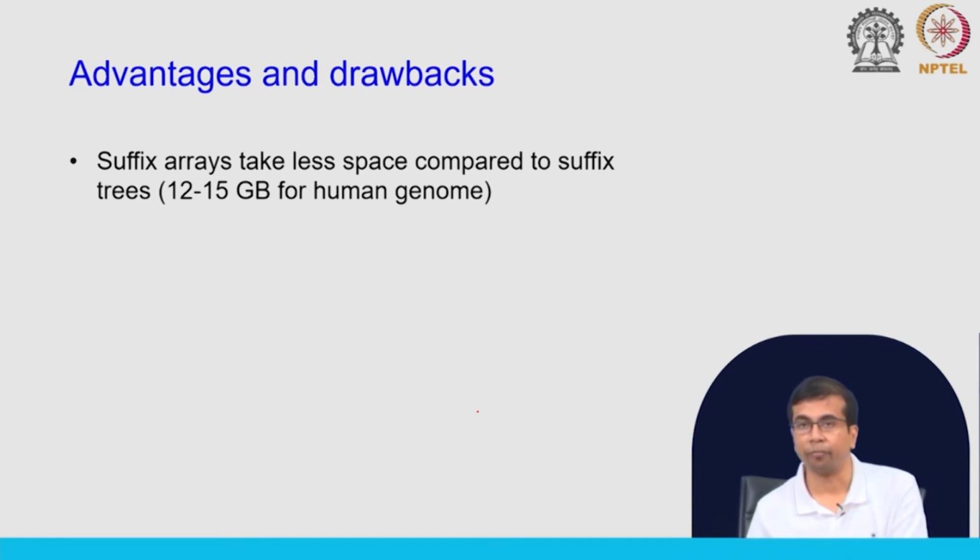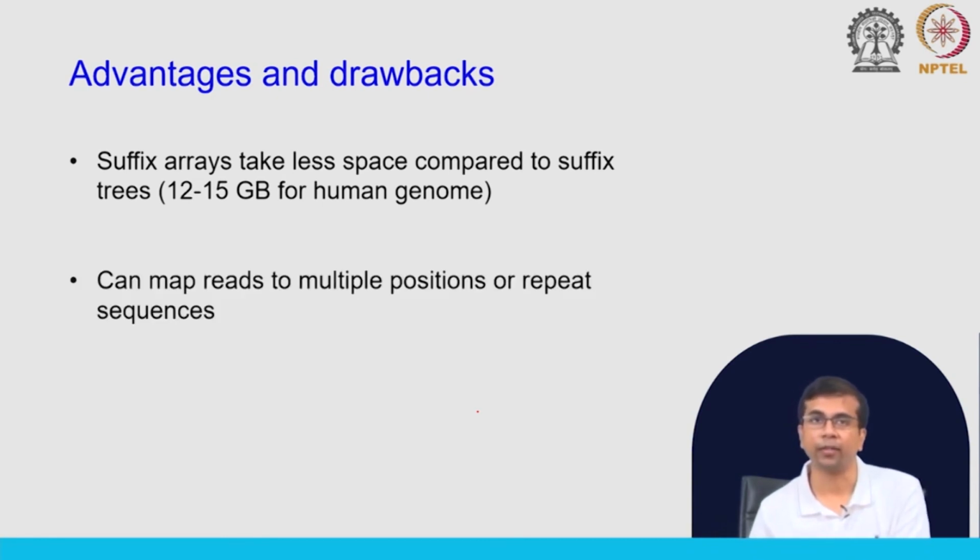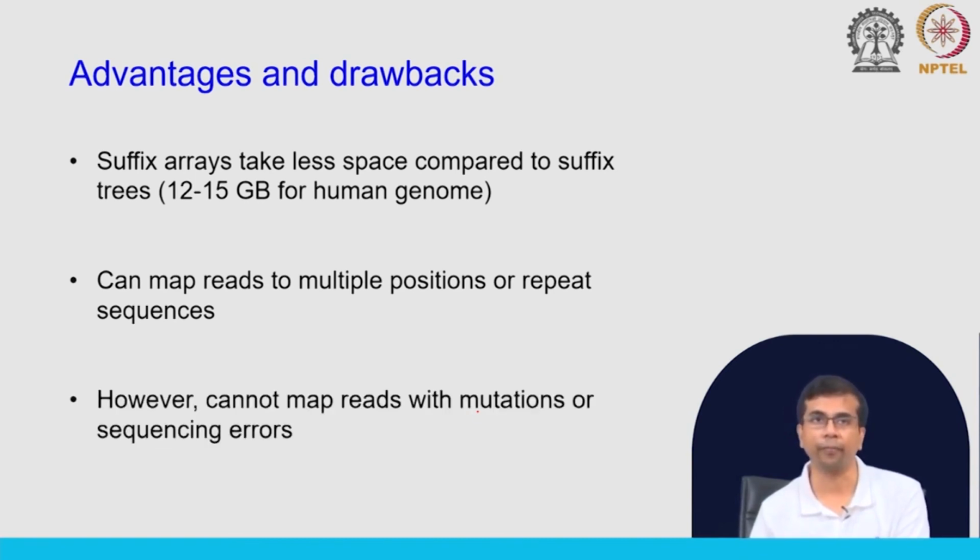Another advantage of this method compared to the hash table is that it can map reads to multiple positions or repeat sequences very easily, again because of the lexicographical sorting. But the problem remains. The major drawback is that it cannot map reads with mutations or sequencing errors. It is very poor at this kind of mapping.